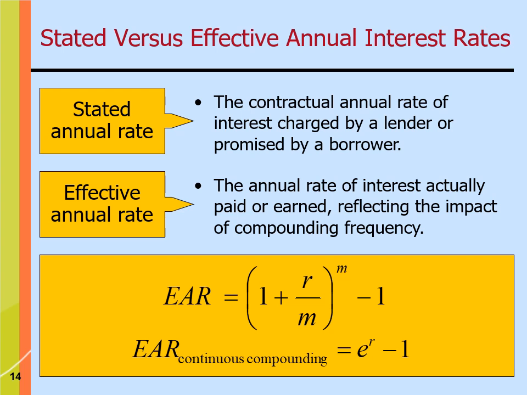You can try to calculate using this formula. In such scenarios, banks will typically advertise the stated interest rate instead of the effective interest rate to attract their clients, because the stated interest rate will be lower compared to the effective interest rate.